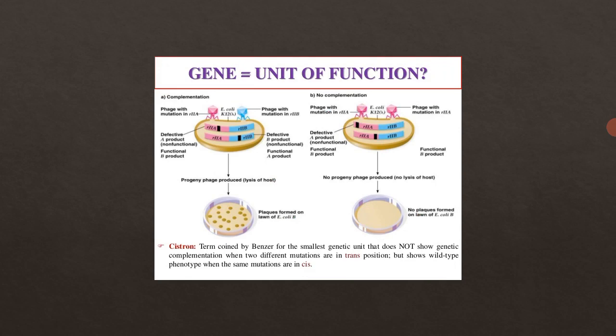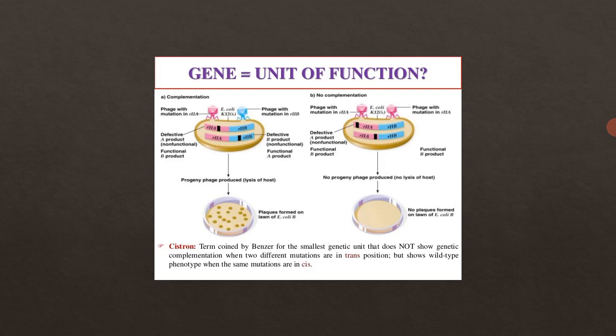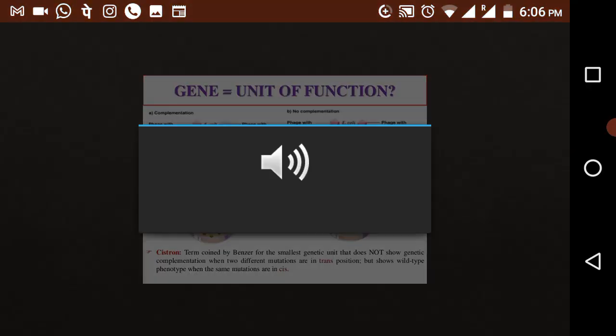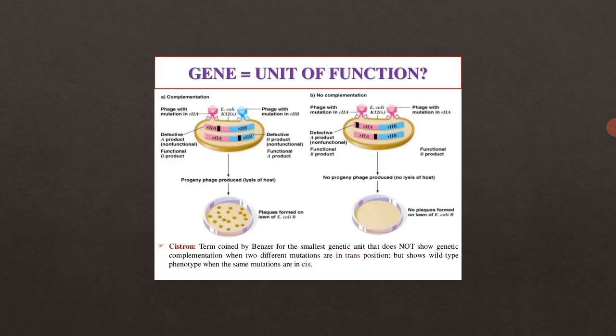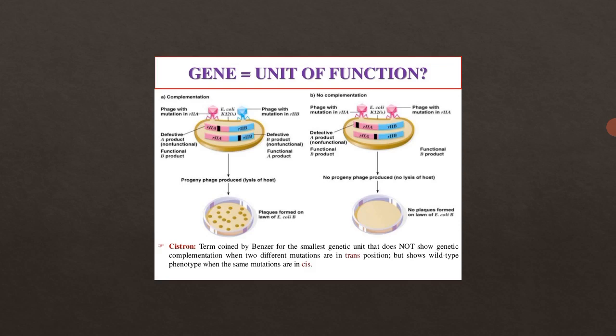It is the smallest genetic unit of a gene, and this term was coined by Benzer. It does not show genetic complementation when two different mutations are in trans position, but it shows the wild type phenotype when the same mutations are in the cis position.